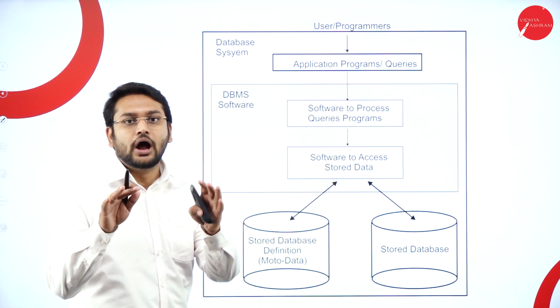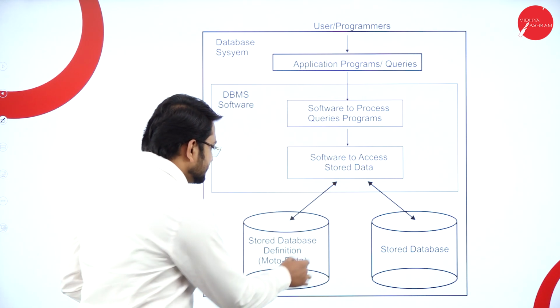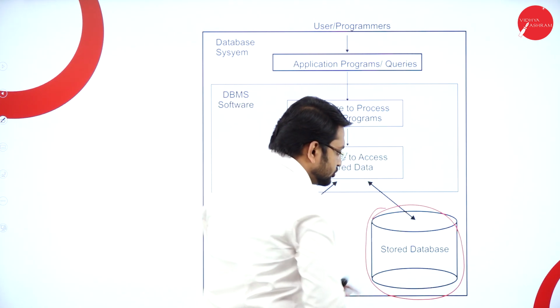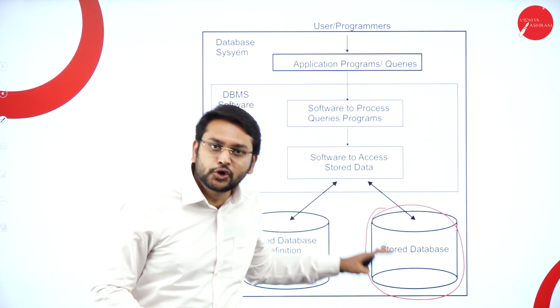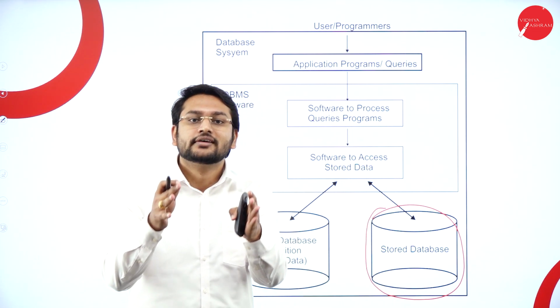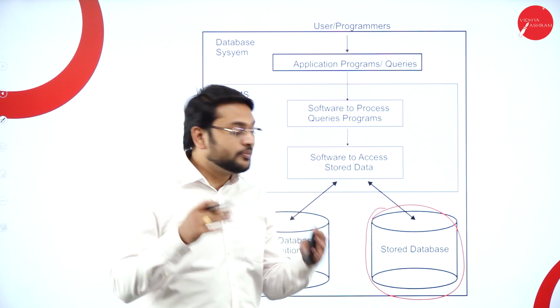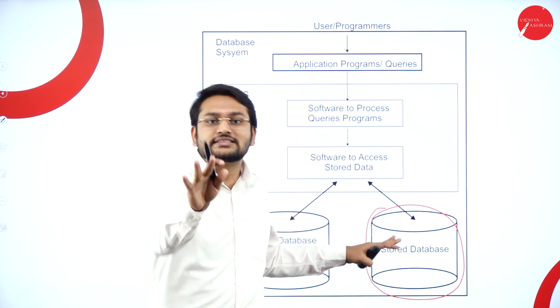So first, how exactly it happens. Whenever you see this kind of symbol, you need to understand we use this symbol to store the data. Where do we store the data? In a database. Whenever I'm writing this symbol, you need to understand this is a database.